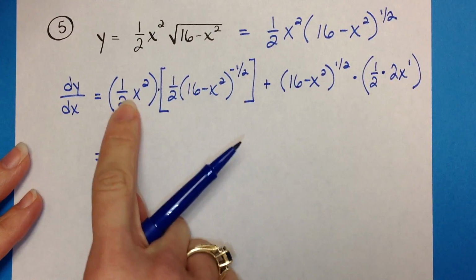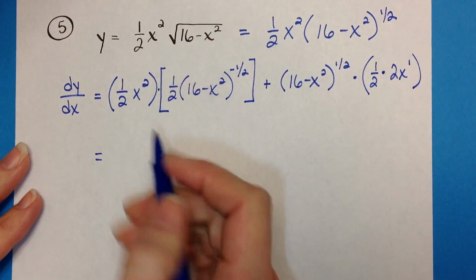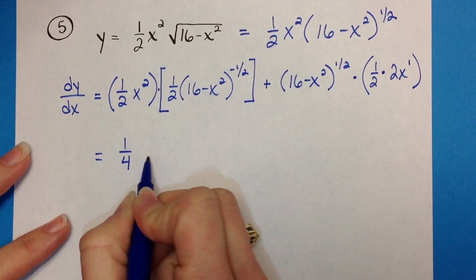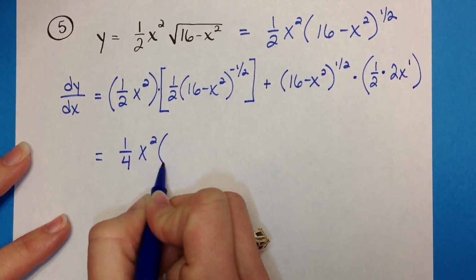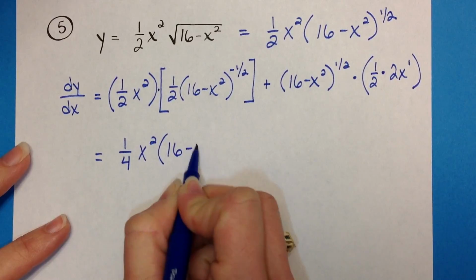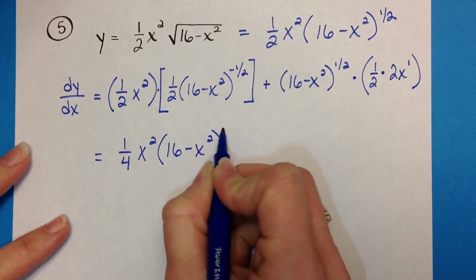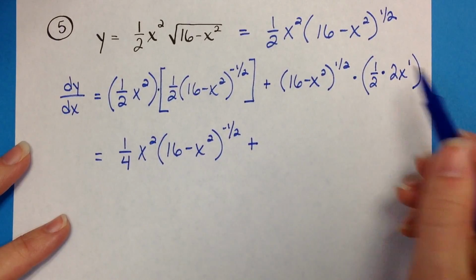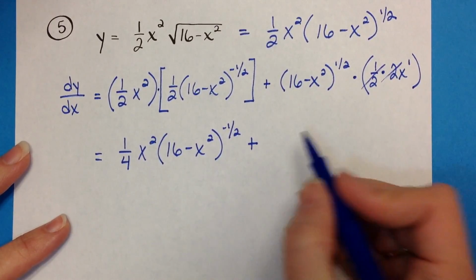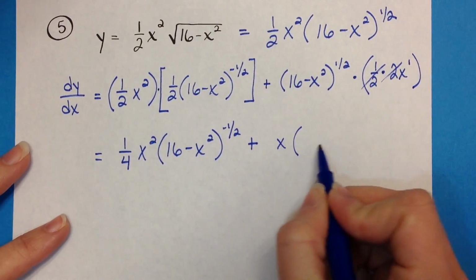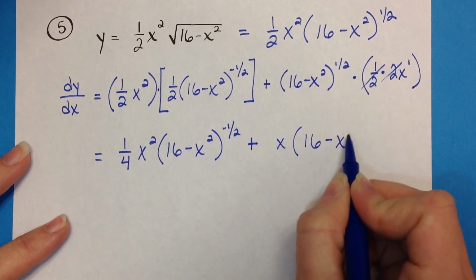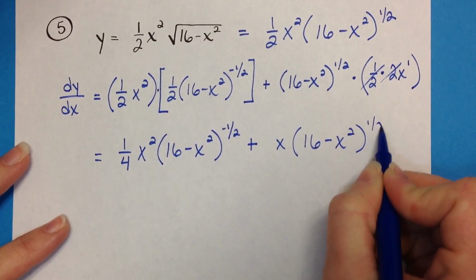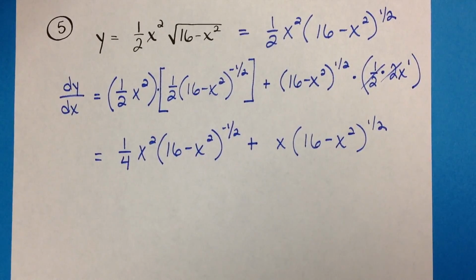Multiplying what we can here, you can of course go ahead and do the 1/2 times the 1/2. So I'll have 1/4 x squared times the 16 minus x squared to the -1/2 plus, of course, here what's going to happen is that's going to cancel, and we just have x times 16 minus x squared to the 1/2. Okay.